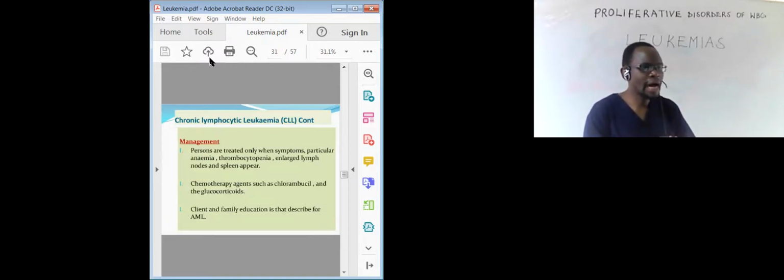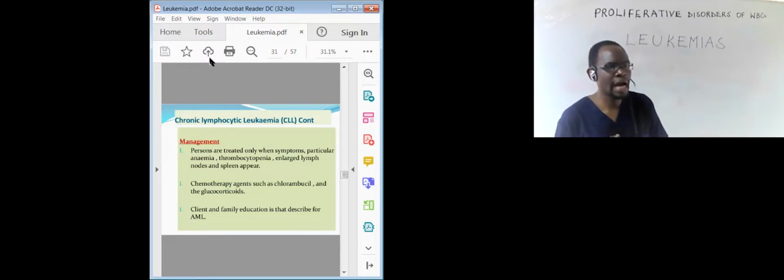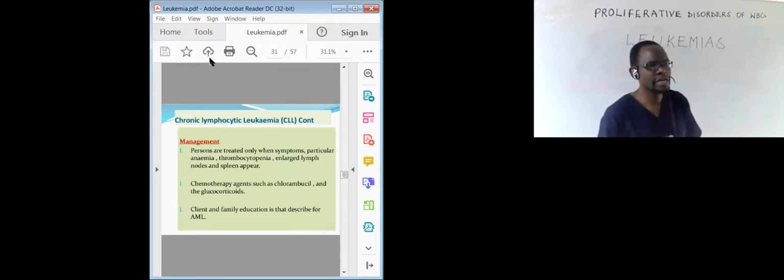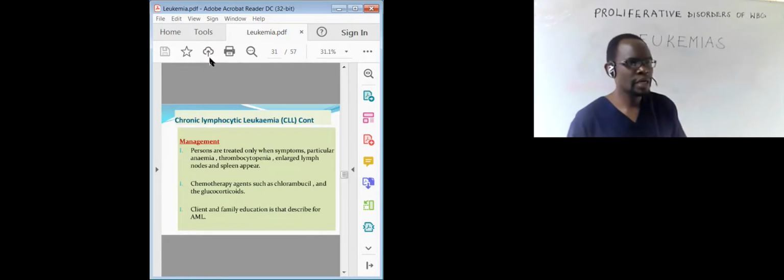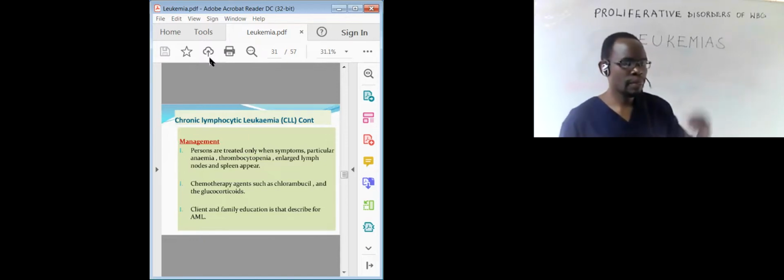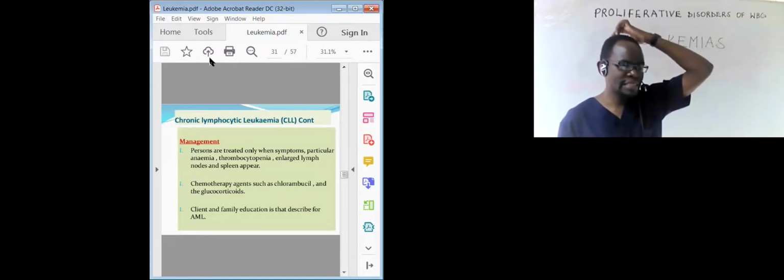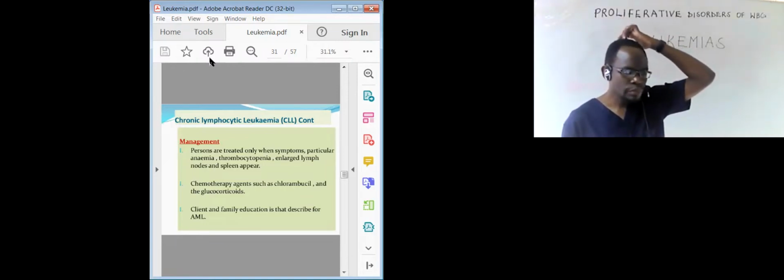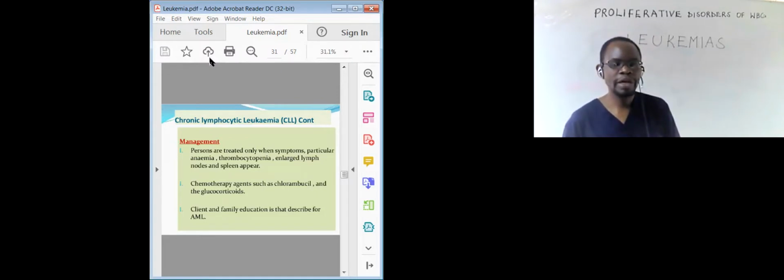All right. So chronic lymphocytic leukemia, how is it managed? Basically, persons are treated only when they have symptoms. Chemotherapy is usually also given, and the client and family education is that described for acute myeloblastic leukemia.